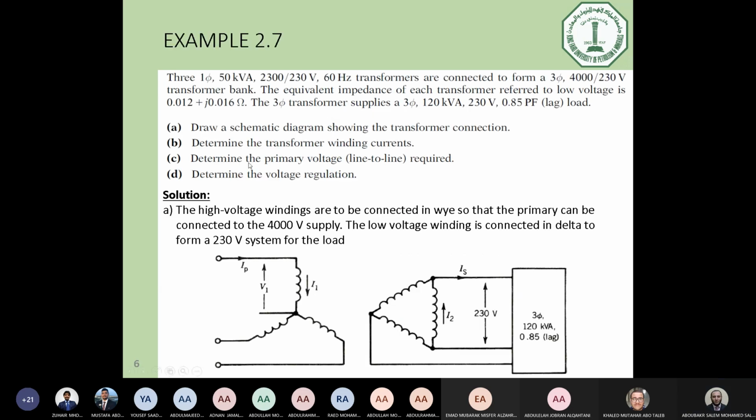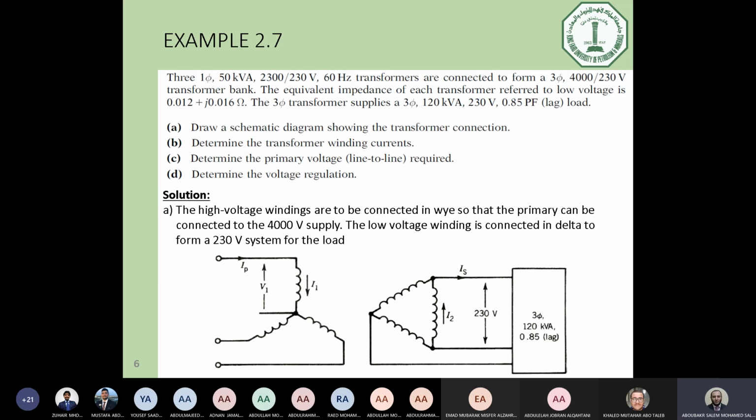Also, it's required to determine the primary voltage. Now, in order to get the voltage, we should find the single phase equivalent circuit and start using circuit analysis to obtain the input voltage.